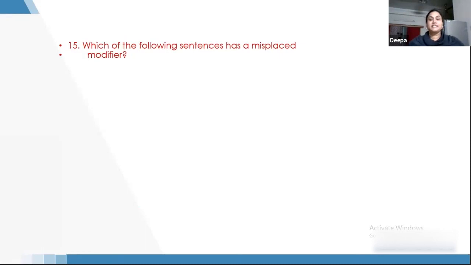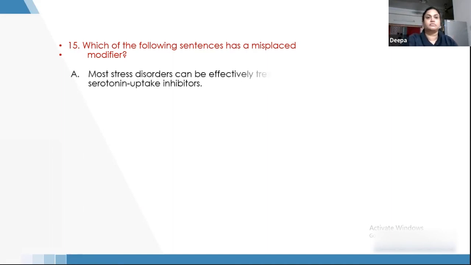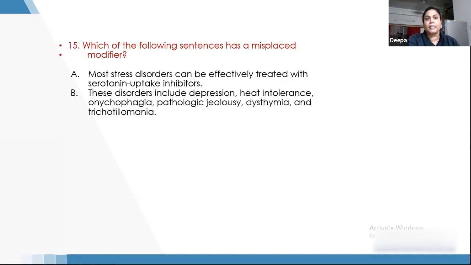Which of the following sentences has a misplaced modifier? Most stress disorders can be effectively treated with serotonin uptake inhibitors. These disorders include depression, heat intolerance, oncophobia, pathologic jealousy, dysthymia, dithymia, and trichotillomania.